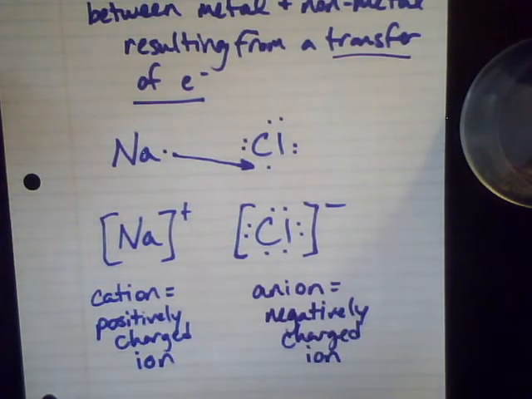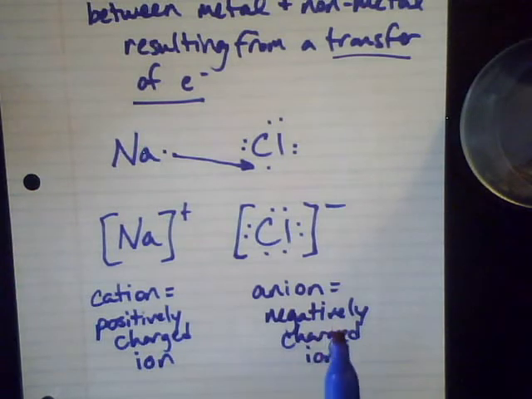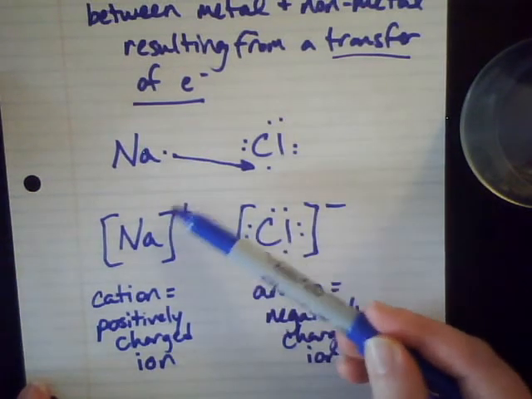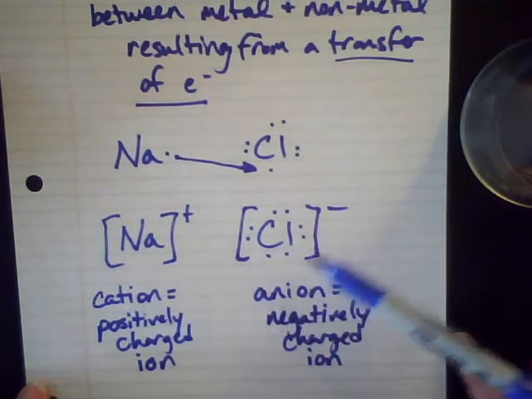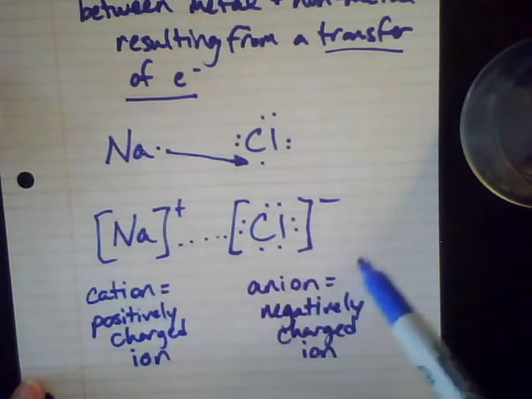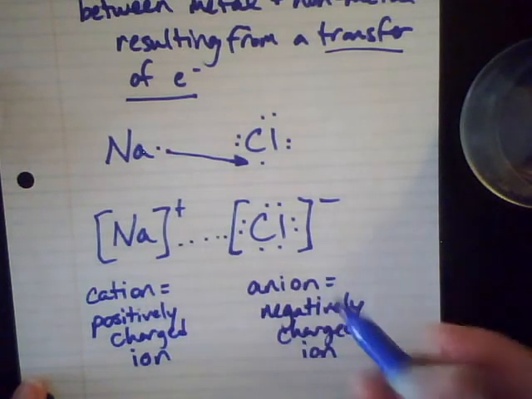Okay, so cations and anions. So an ionic bond then is a bond that comes because of the attraction between the positively charged cation and the negatively charged anion. This resulting attraction between opposite charges is your ionic bond.